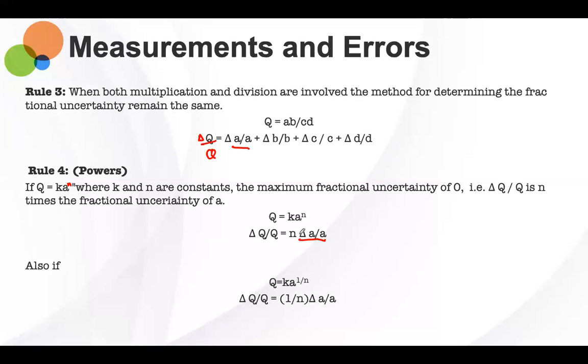You would multiply the fractional uncertainty by the power that it is raised to, which would be N. It's the same thing if we had an inverse relationship in the power. If this was raised to, say, 1/3, it would multiply the fractional uncertainty for A by 1/3. Are we okay? Yes, sir. All right.